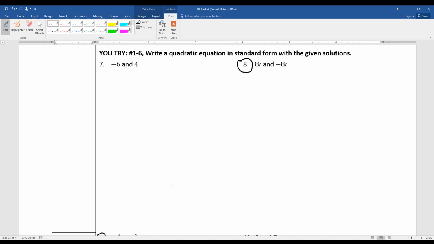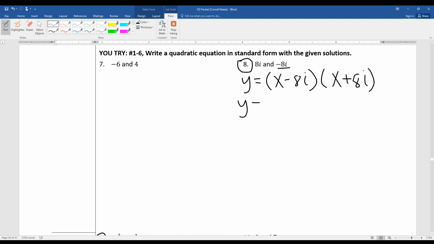So number 8, I'm going to start with putting this into factored form. I have a positive 8i, which in parentheses becomes a negative. And then I have a negative 8i, which becomes positive when I put it in parentheses. I'm going to start distributing here. x times x is x squared. x times 8i is a positive 8ix.